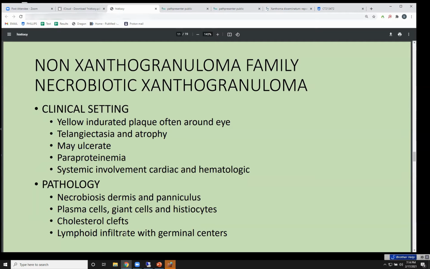So if you make a cutaneous diagnosis of this, you need to do a systemic workup. The pathology of this is necrobiosis of the dermis and the panniculus, plasma cells, giant cells, histiocytes, cholesterol clefts, and then a dense lymphoid infiltrate with often germinal centers. And I'll show some pictures of that.